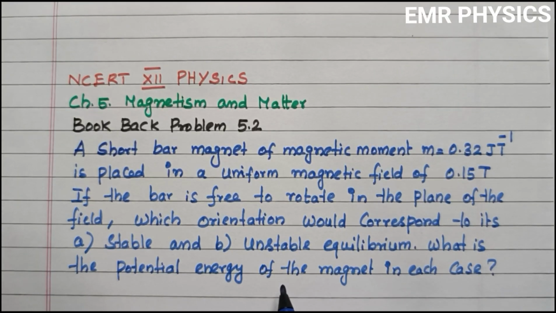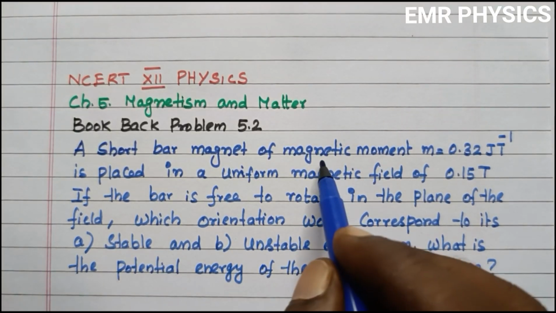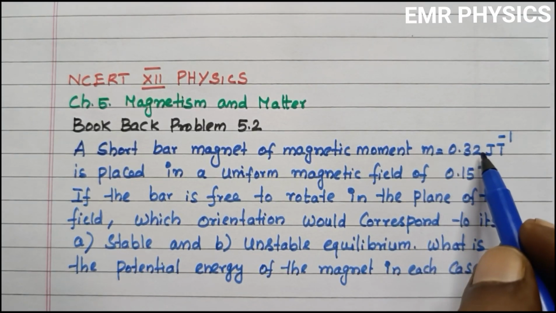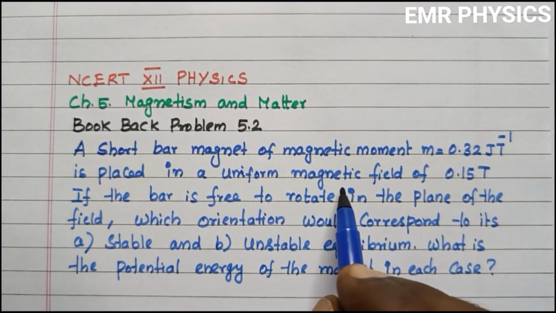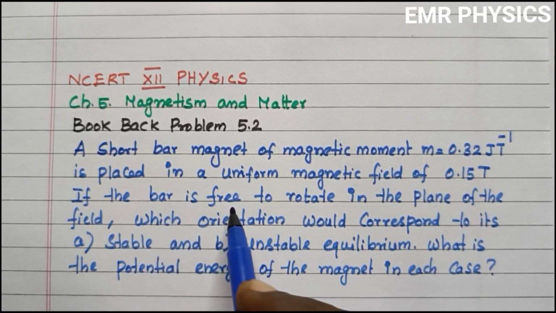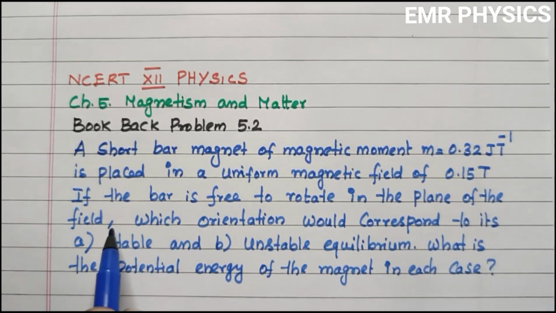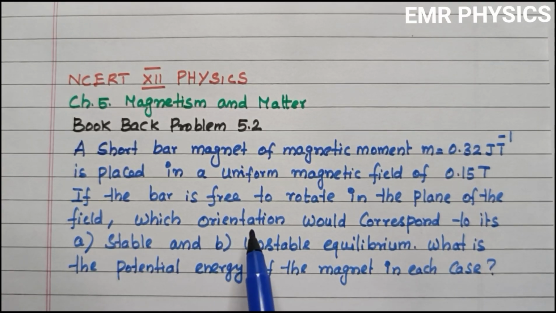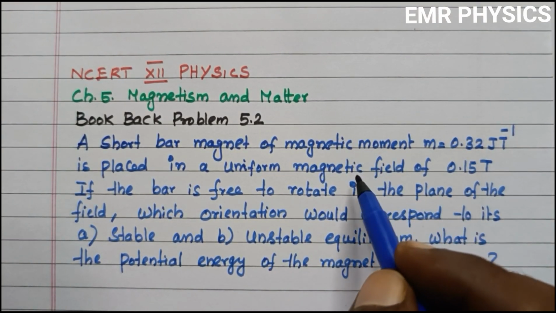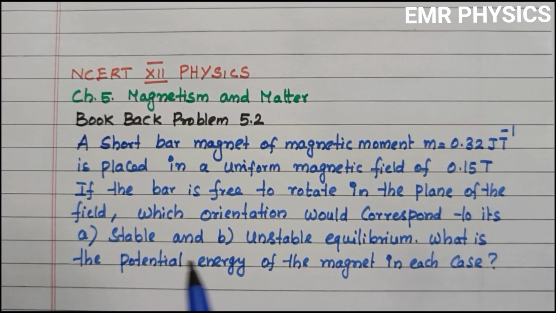In this problem, let us see what numerical data are given. Magnetic moment of the bar magnet is 0.32 Joule per Tesla. Magnetic field is 0.15 Tesla. The bar magnet is free to rotate in the field. What is asked? We have to find the orientation corresponding to stable and unstable equilibrium, that is, the angle between the magnetic moment and magnetic field for stable as well as unstable equilibrium.